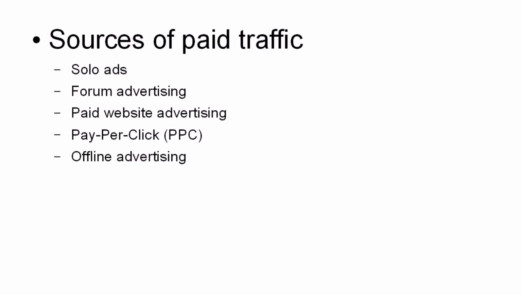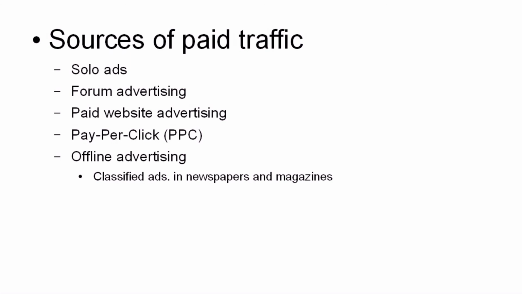Then there's offline advertising, and lots of people overlook offline advertising when they're trying to build a list. And it's silly really, because offline advertising does work because there's not a lot of competition with other people who are marketing online. And a good source of traffic offline is classified ads in newspapers and magazines that are read by your target audience.